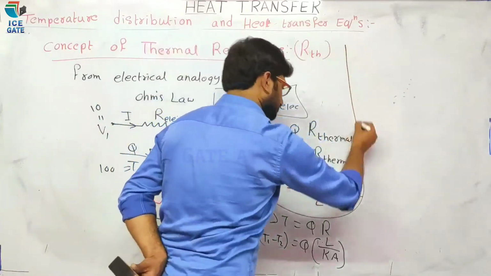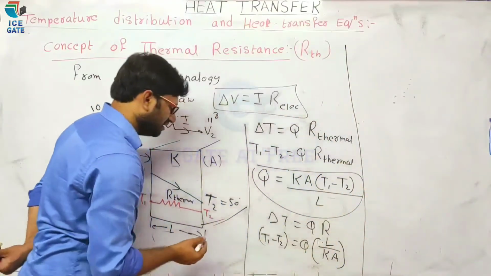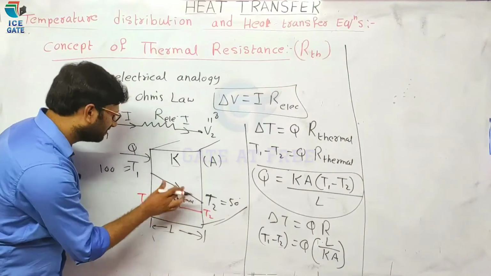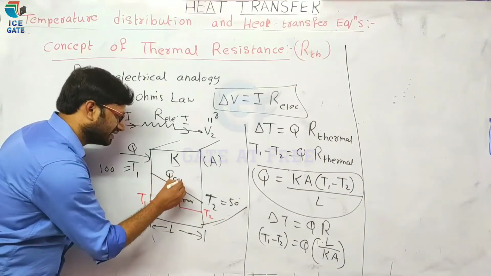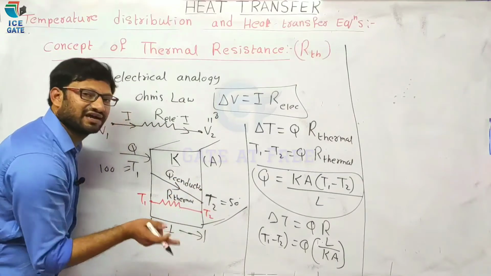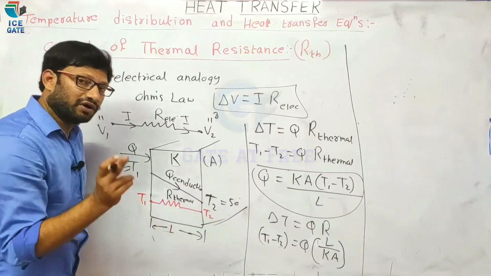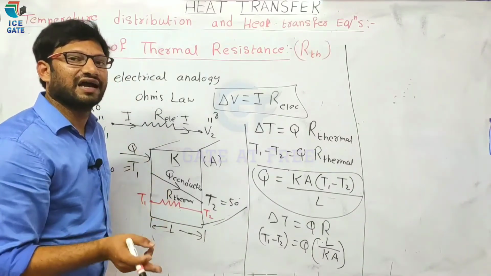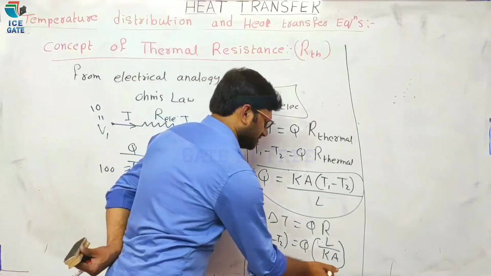Therefore, see, the mode of heat transfer in a plane slab is conduction. If the mode of heat transfer is conduction, then definitely the type of resistance is conductive resistance. If the mode of heat transfer is convection, then the type of resistance is convective resistance.